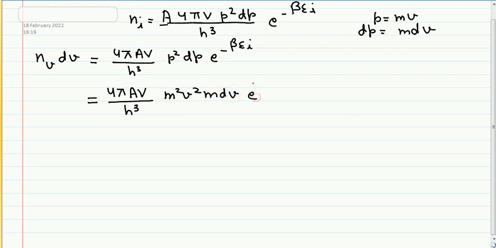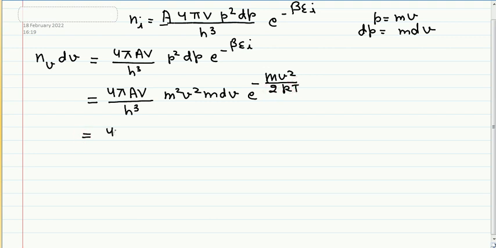and then e to the power minus E. E is the kinetic energy. So kinetic energy is half mv square. So it is mv square upon 2, and beta is equal to 1 upon kT. So e to the power minus mv square upon 2kT.